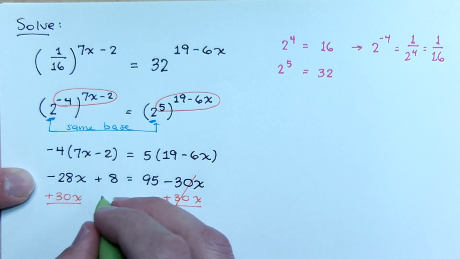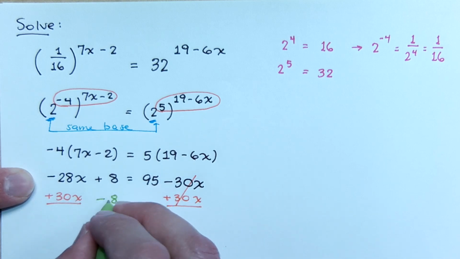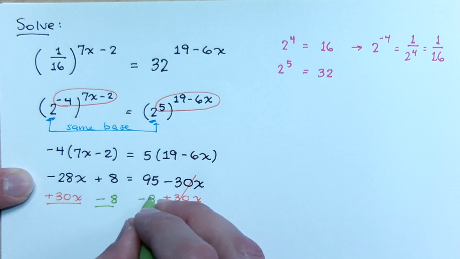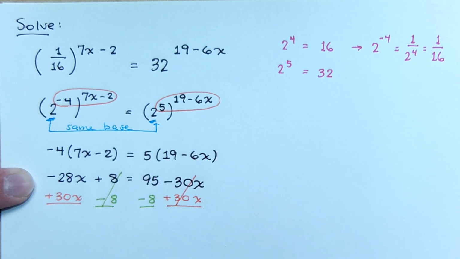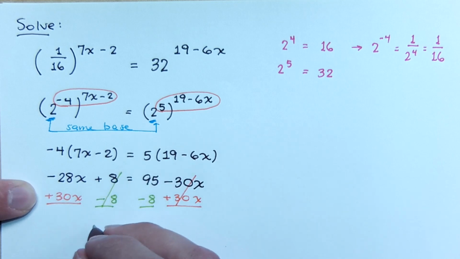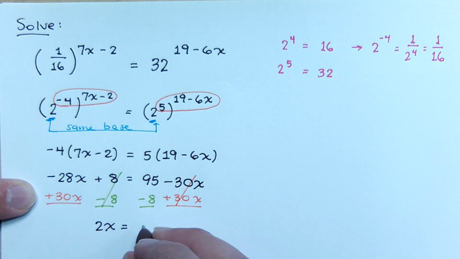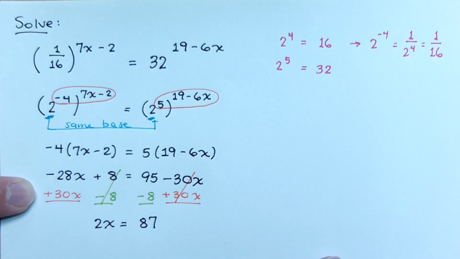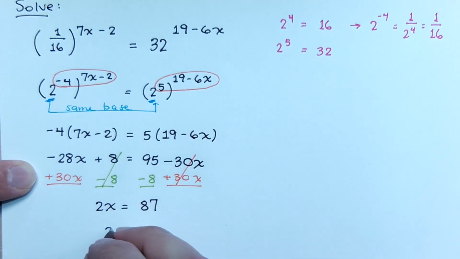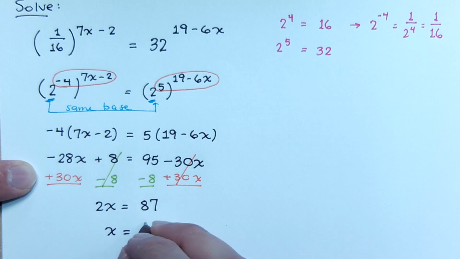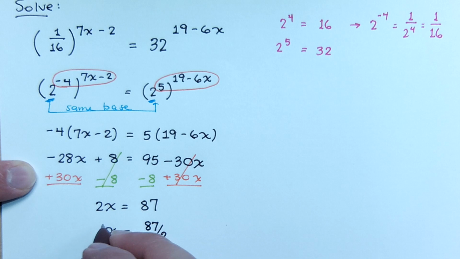Variables come to the left, constants need to go to the right, so I'm going to subtract 8 on both sides. And now everybody should be happy. So we get 2x is equal to 95 minus 8, which is 87. And that means that x equals what when we finish? 87 divided by 2.